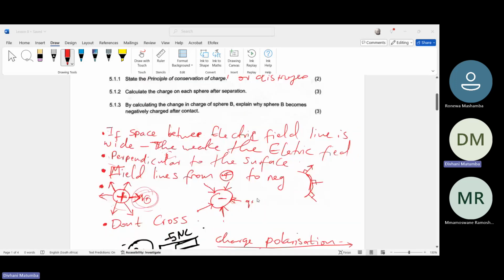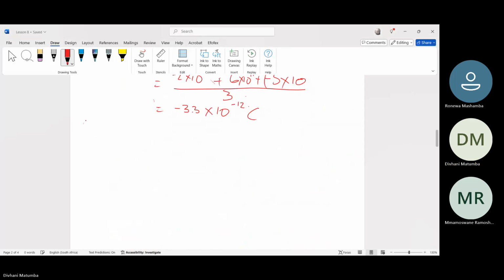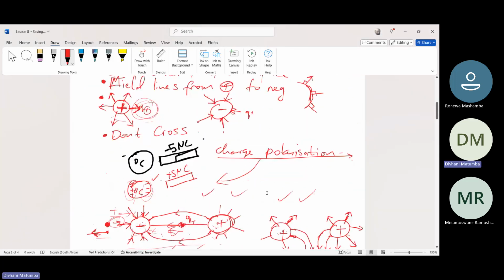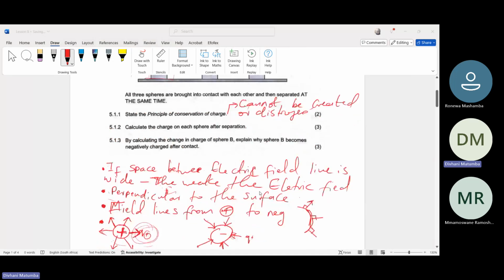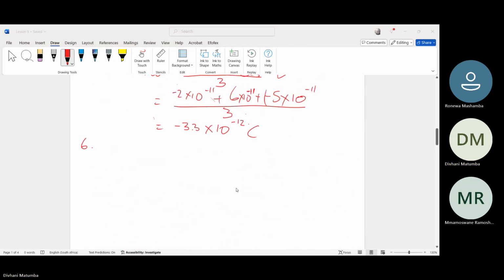So what is the formula for calculating the change in charge, Ronel? What is the formula?